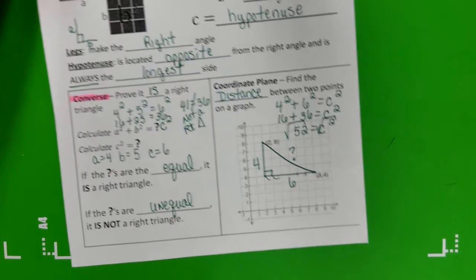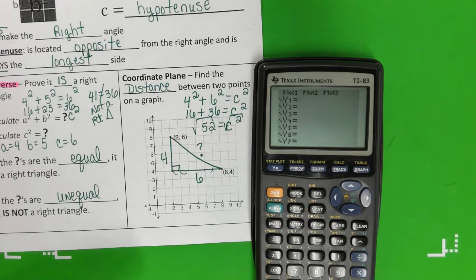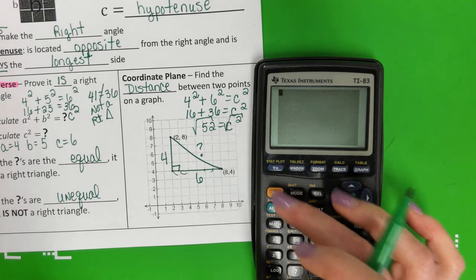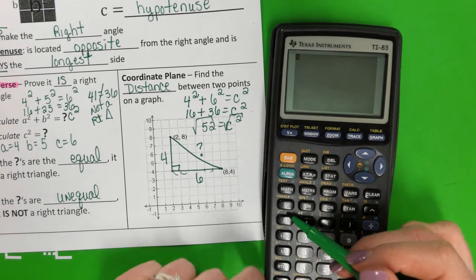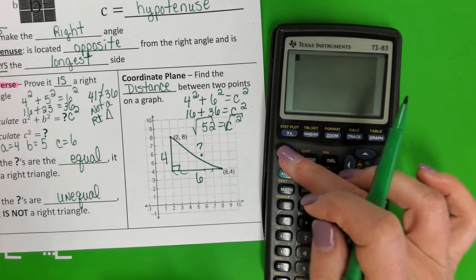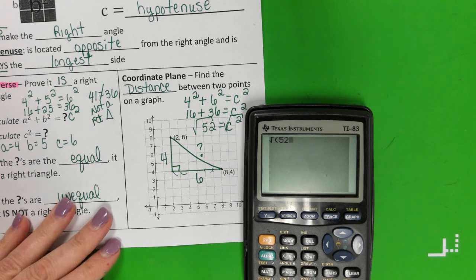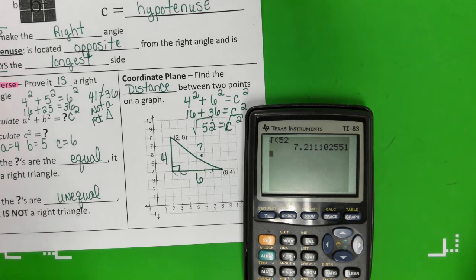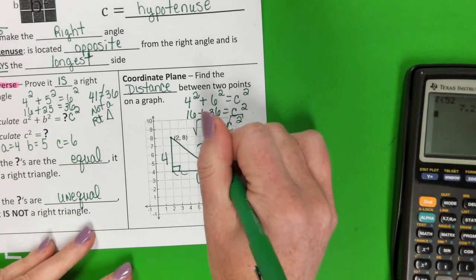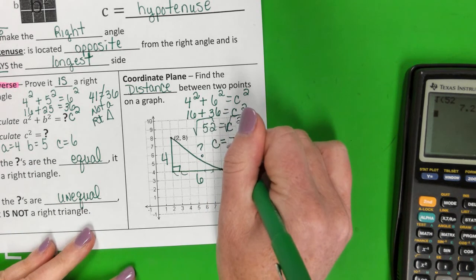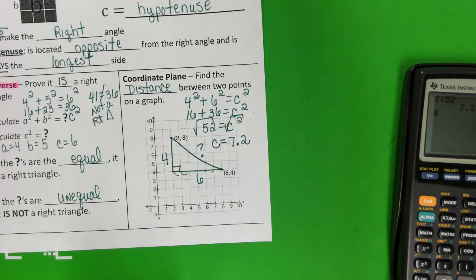So this is where you would have to pick up your calculator. Okay, and then remember, square root is up here above the x squared key, so you have to push second, x squared, and then I would type in 52, and then enter. So it's about 7.2. So the distance between those points is about 7.2 units.